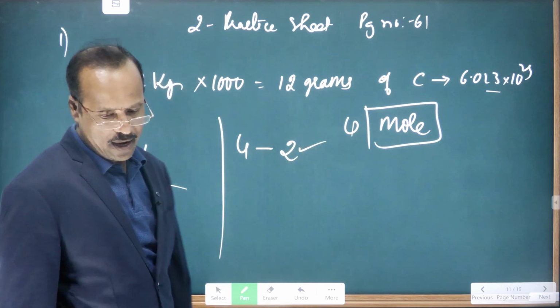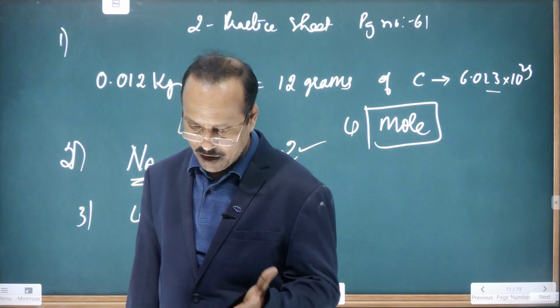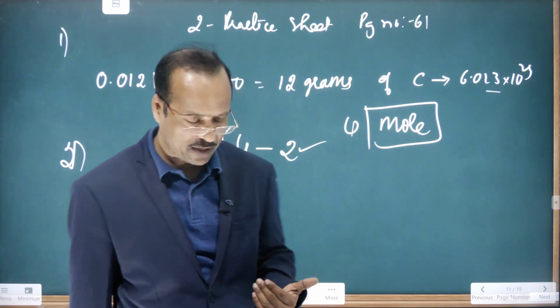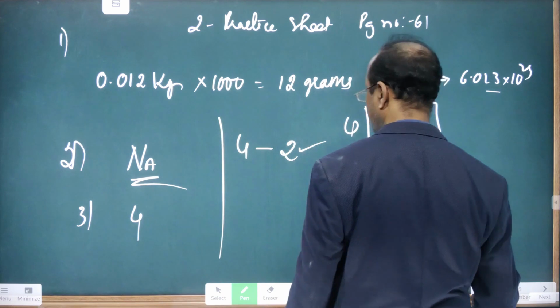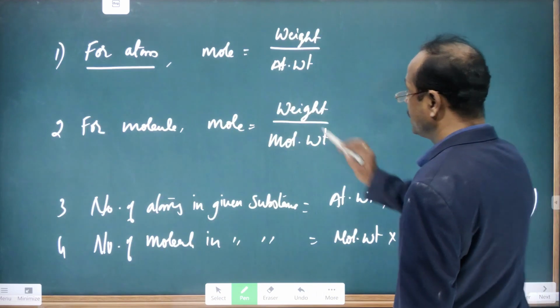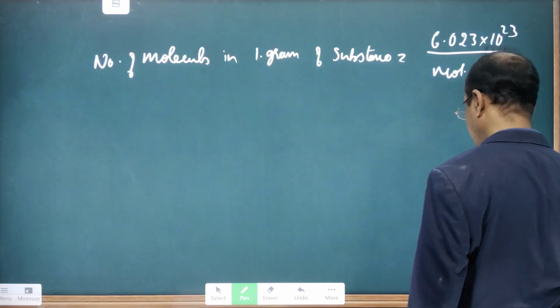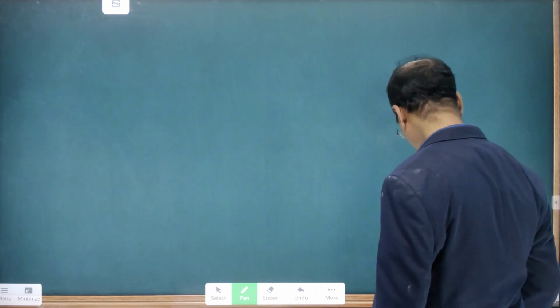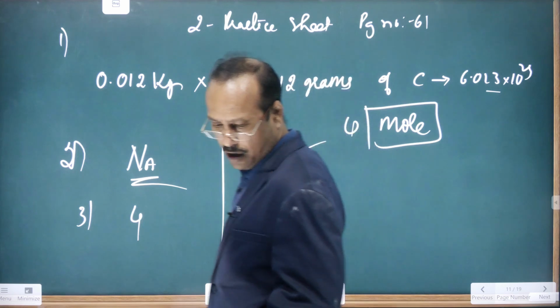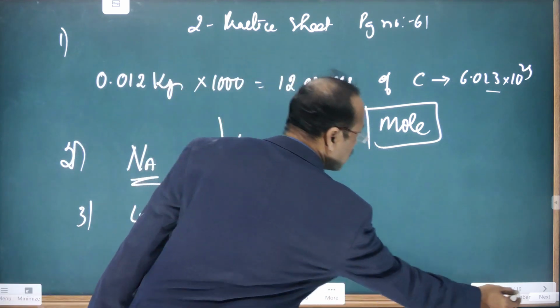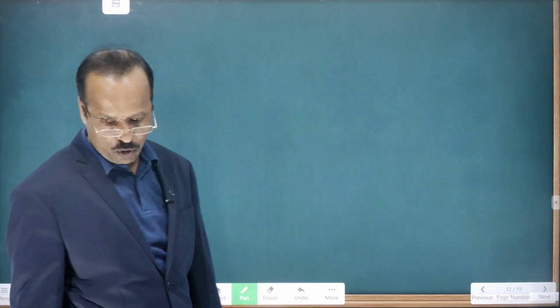Okay, next, fifth one. Number of moles is given weight by gram molecular weight? Yes. Given weight by gram atomic weight? Yes. See, already the formulas are written here: given weight by atomic weight, given weight by molecular weight. So for the fifth question, the option is fourth option, all of this. Okay, now go to the sixth question.